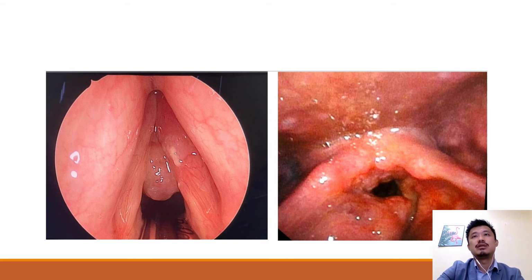Whereas for the patient in the picture on the right, unfortunately this is what we typically get for a lot of patients who have CA larynx. When they come to us, there is already a big mass arising from the right side of the glottis. This is from the supraglottic area, and we are thinking that it has already invaded the glottis.